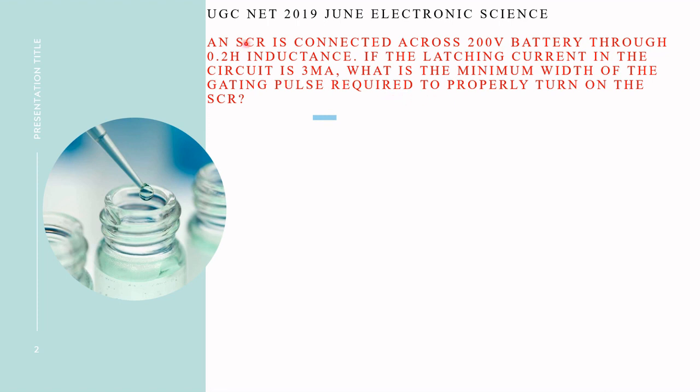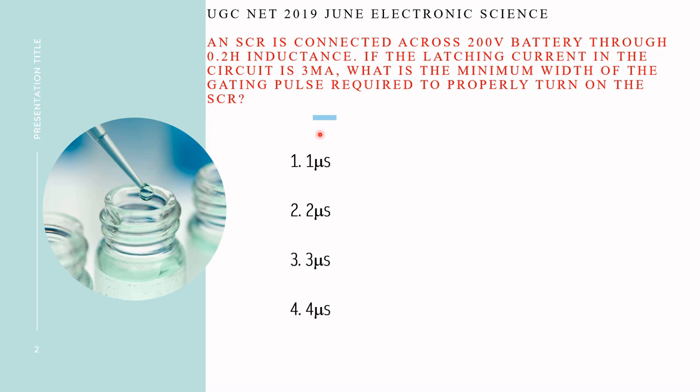And this question is from UGC NET 2019 June Electronic Science. The first option is 1 microsecond, second option is 2 microsecond, third option is 3 microsecond, and the fourth option is 4 microsecond.